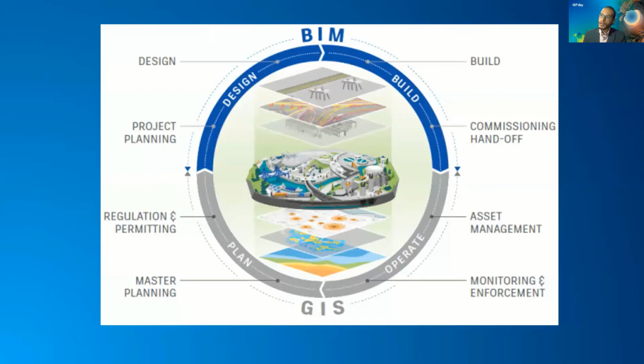And in the BIM-GIS solution we are discussing today, we are trying to increase the level of detail for our model. We're not talking today about BIM itself or GIS itself.